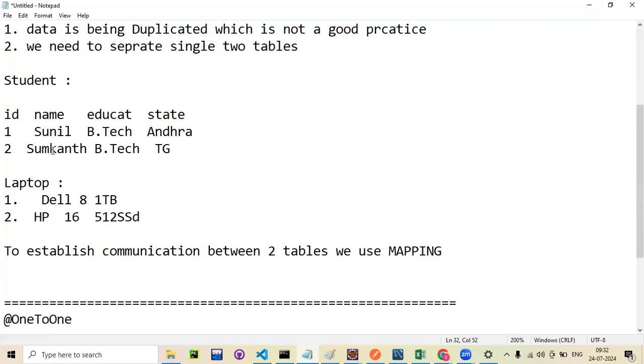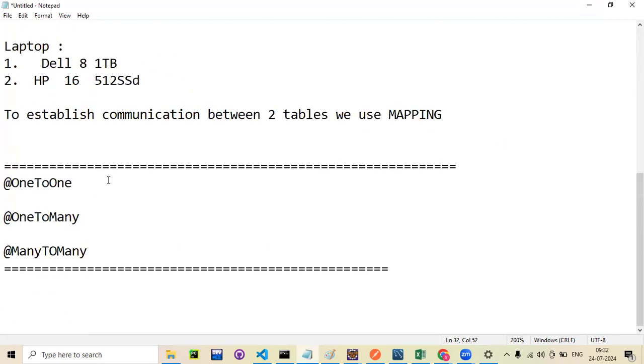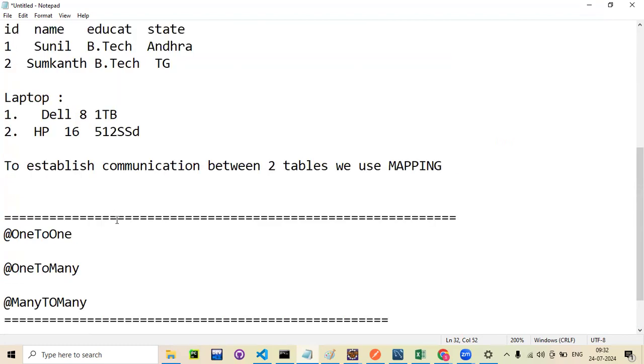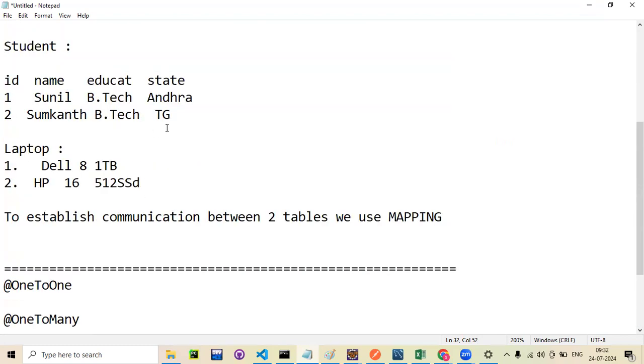So Sunil has one laptop, Sumant has only one laptop. Now, how can I join these two tables? By using your database knowledge, can you tell something? You need to join two tables, so how can we join, by using any extra column?